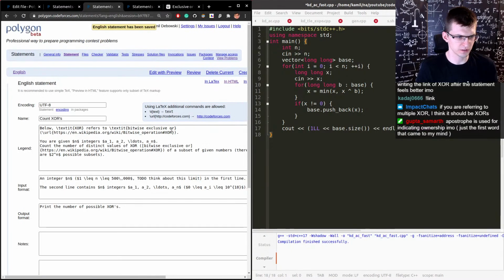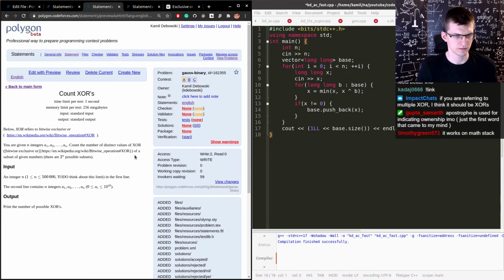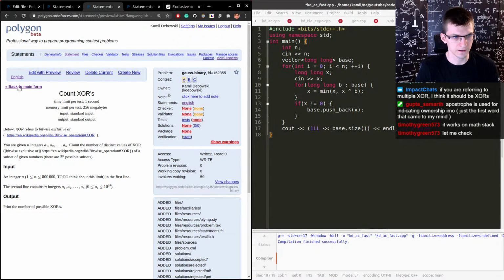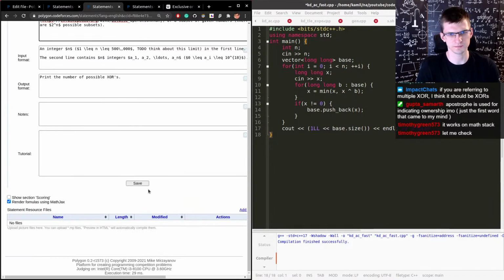Apostrophe is used for indicating ownership. Yeah, but not only, right? I thought you also use it when making a plural out of something like this.